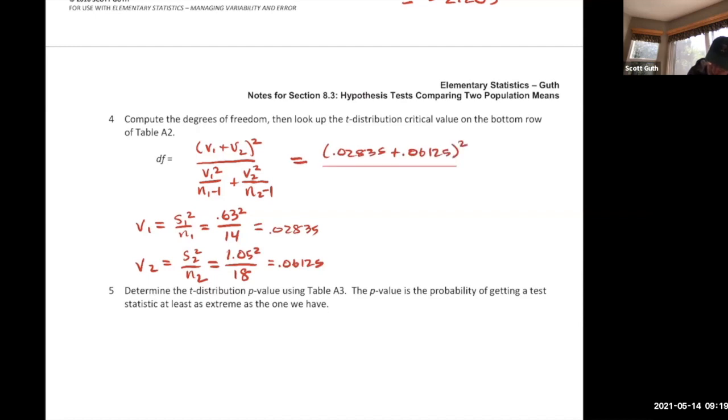And then down below, 0.02835 squared over N1 minus 1, that'll be 14 minus 1, plus 0.06125 squared over N2 minus 1, which is 18 minus 1. Okay, and this comes out to 28.42.